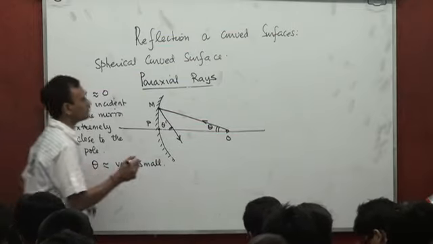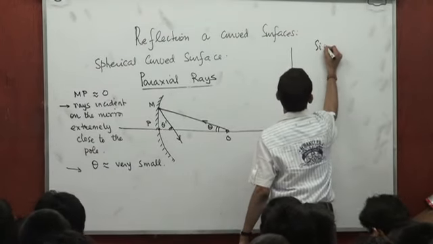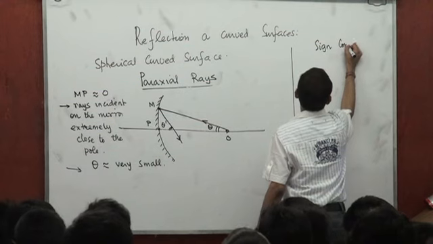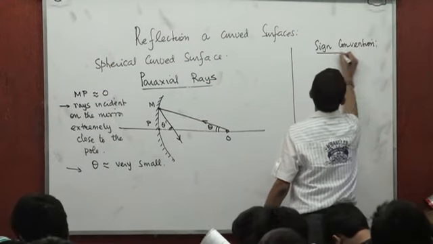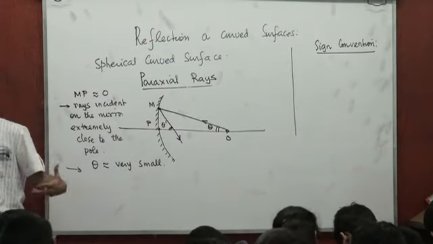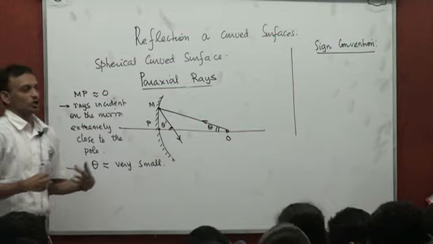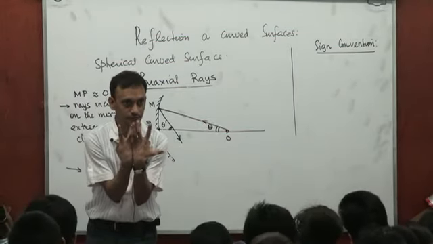Second thing: sign convention. Now, the object and the image and other things would have to be located, right?